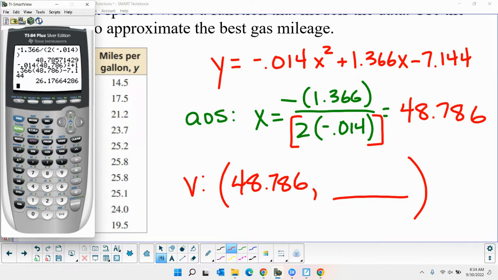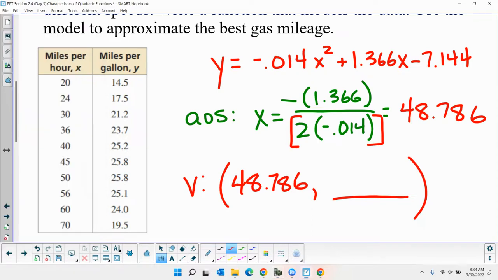Let's see what our gas mileage is. 26, if we round it, 26.2. So if you're going, let's say, 48.8 miles per hour, you're going to get 26.2 miles per gallon. That'd be the highest gas mileage.